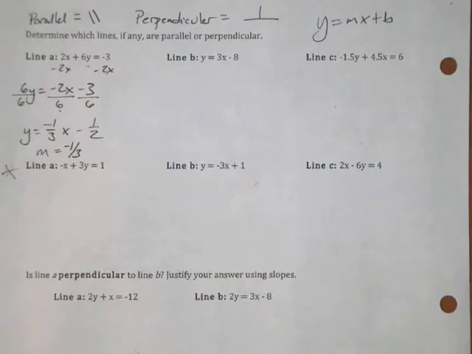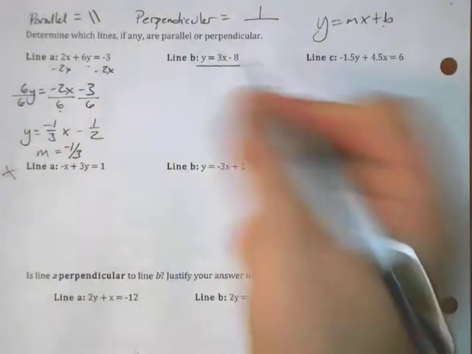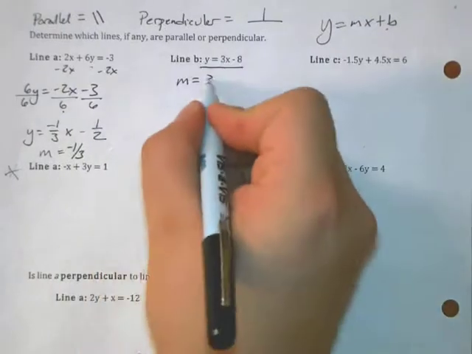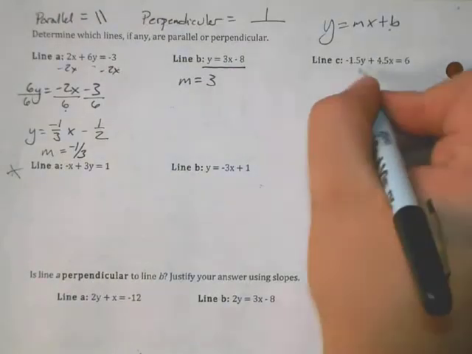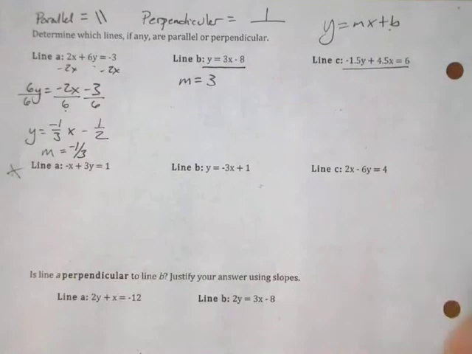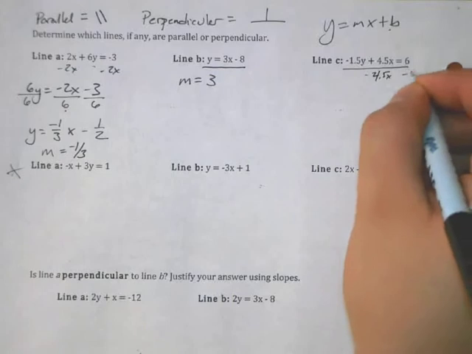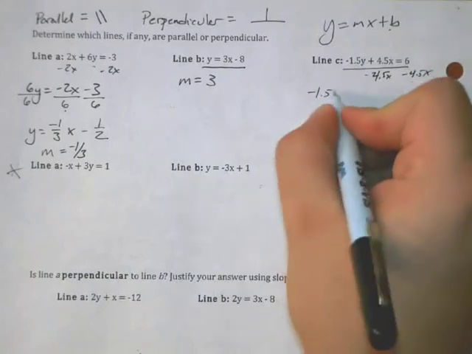How about line B? I need to write it in mx plus b form. Hey, it's already there. What's the slope of this line? Just 3. This guy's got decimals. Whatever, decimals are just numbers. Negative 1.5y.